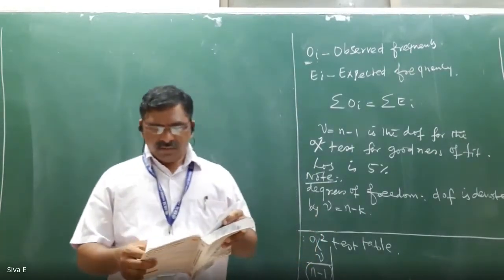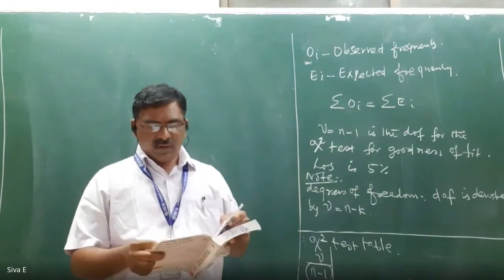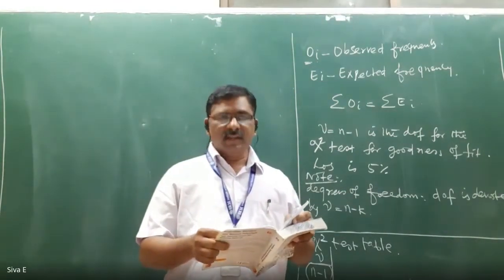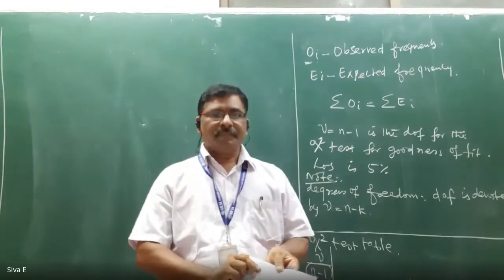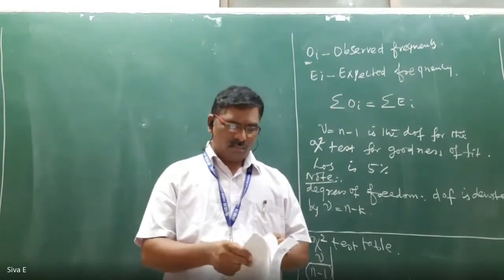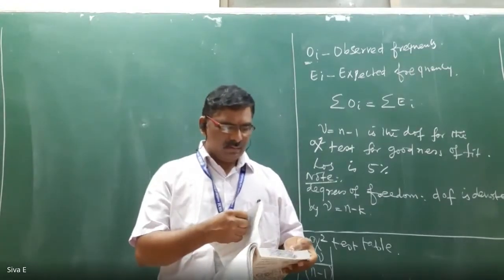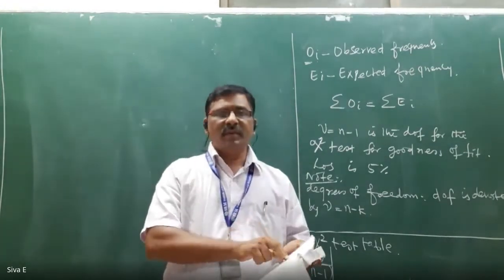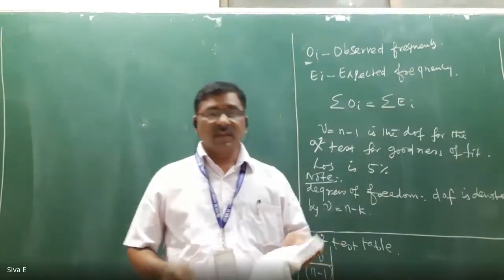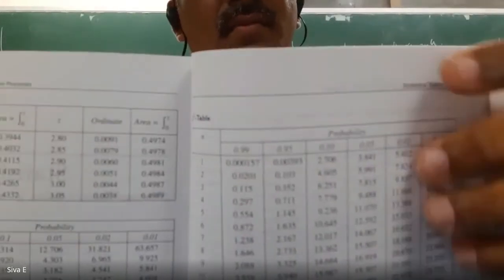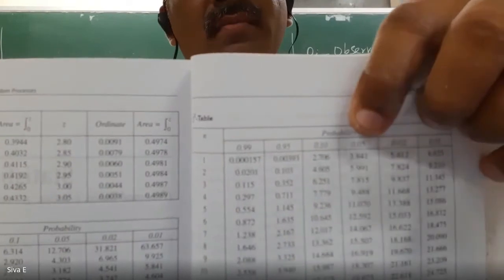You have to see the values from the 0.05 column. Many columns are there in this.